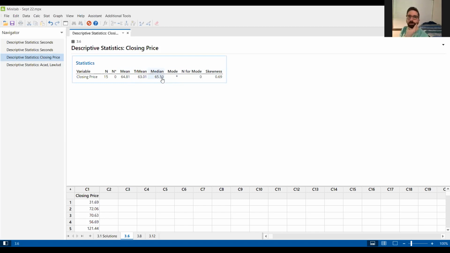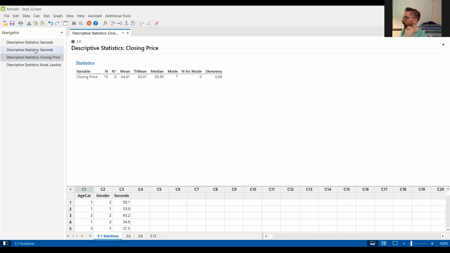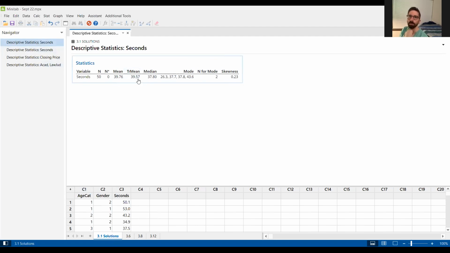The answer is probably because the data is more squished together here than it was in the previous example, 3.1. In other words, in this example you see a bigger difference. Well, maybe it's about the same, but the skewness is less, and that's because the data is more spread out. So there's something to be said about that.